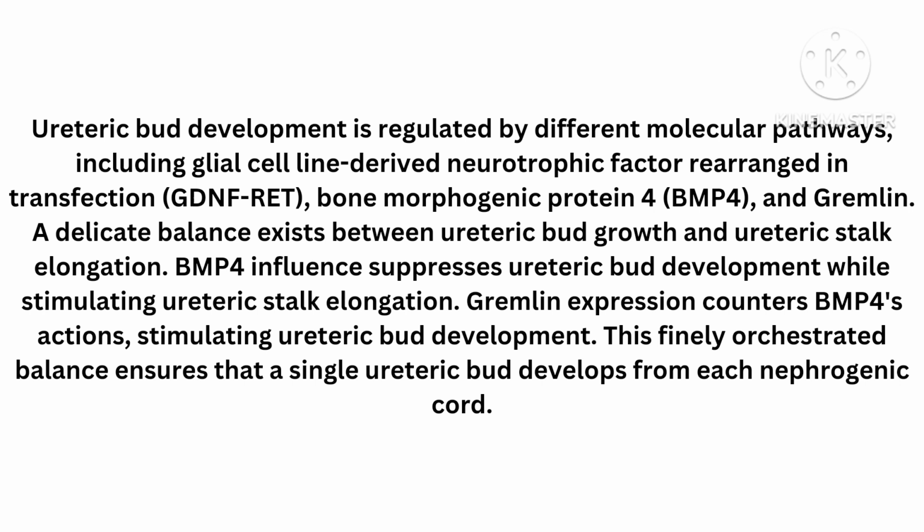BMP4 influence suppresses ureteric bud development while stimulating ureteric stalk elongation. Gremlin expression counters BMP4's actions, stimulating ureteric bud development. This finely orchestrated balance ensures that a single ureteric bud develops from each nephrogenic cord.